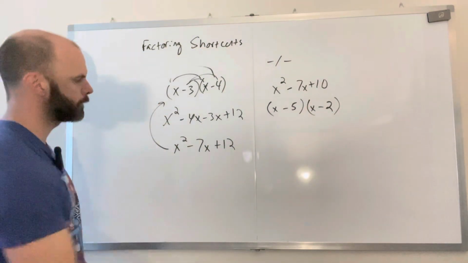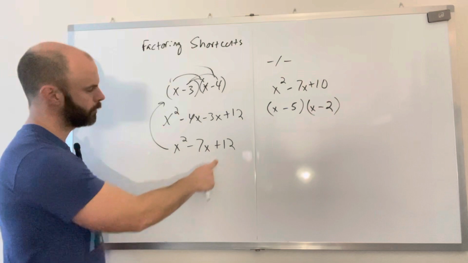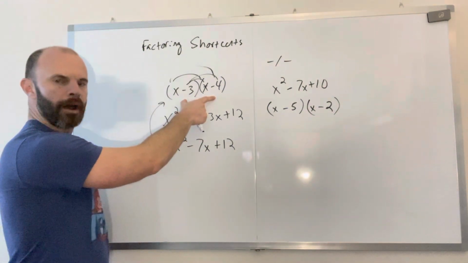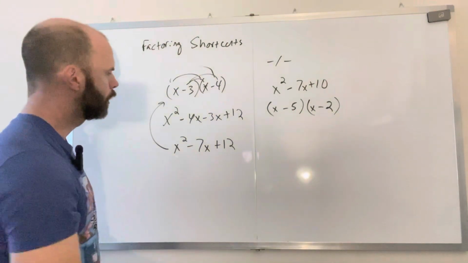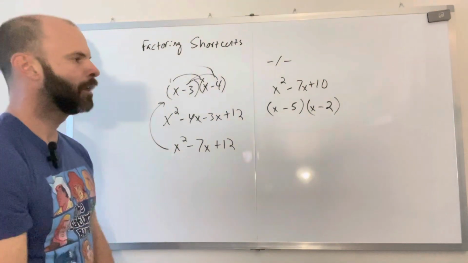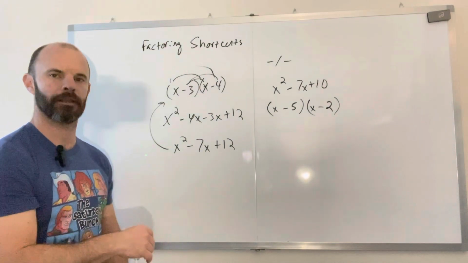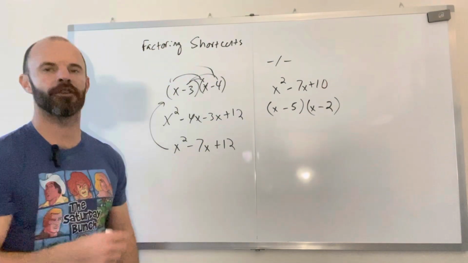So my rule states that it should be either plus plus or minus minus. That tells me it's definitely minus minus. And look, it's minus minus. So the shortcut works, right? So if you memorize those 3 shortcuts, then all of your easy factoring should start to go fast, which will help everything else.